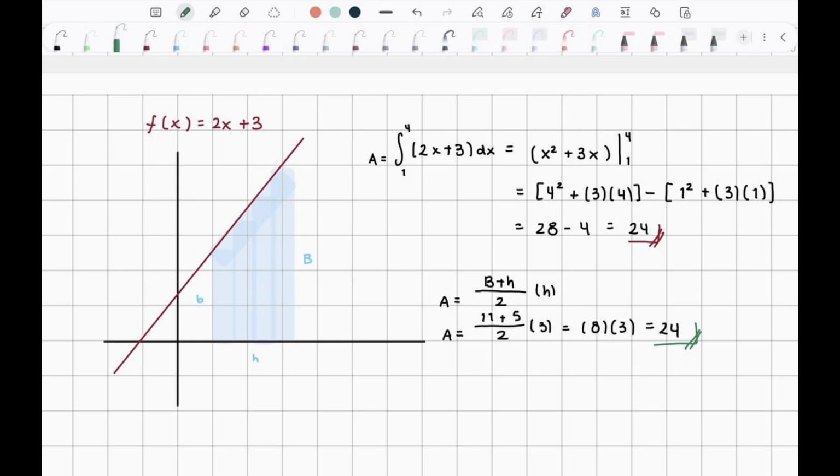So the area can also be calculated as 11 plus 5, which are the bases, divided by 2, multiplied by 3, which is the height. 11 plus 5 is 16, divided by 2 gives us 8, multiplied by 3 gives us 24, and we see that we get the same result.